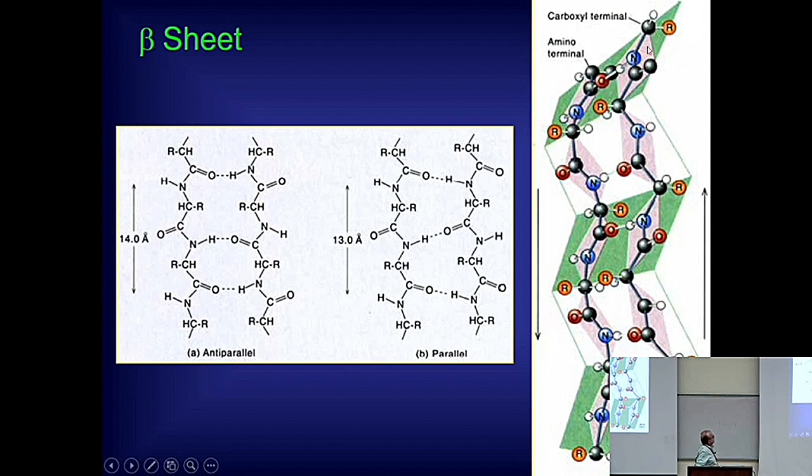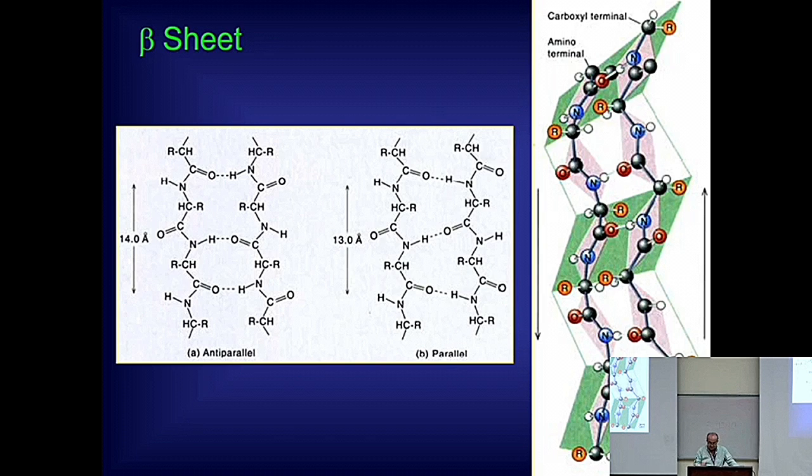This is actually a pretty good representation, like how accordion pleats are. Here's one segment, one polypeptide. Here's another one. And they form together the beta pleated sheet. So you can imagine this is almost like stretching those, and you create those pleats.